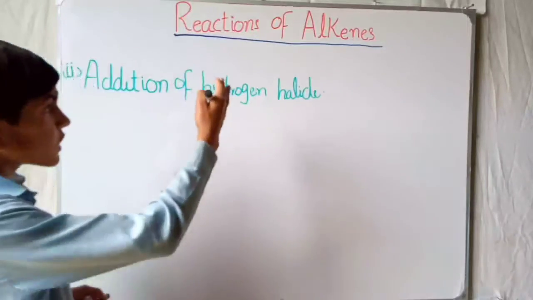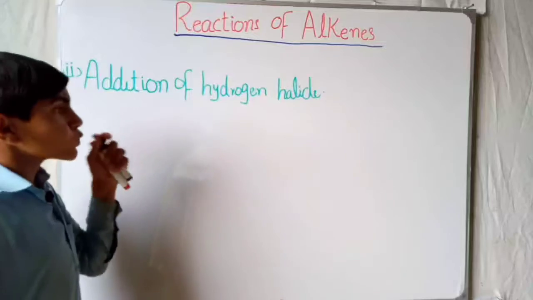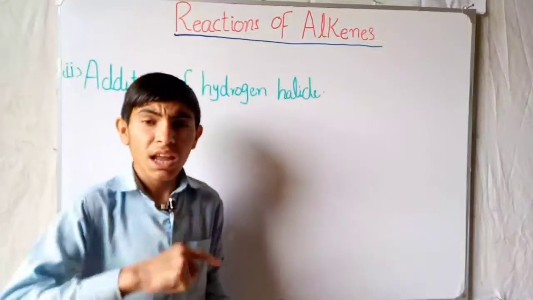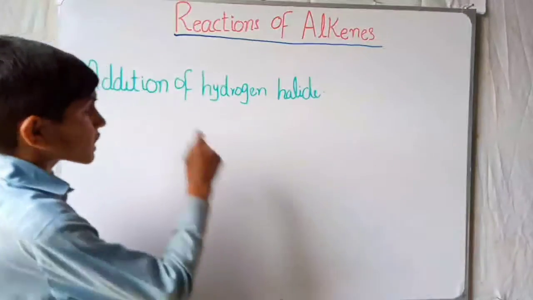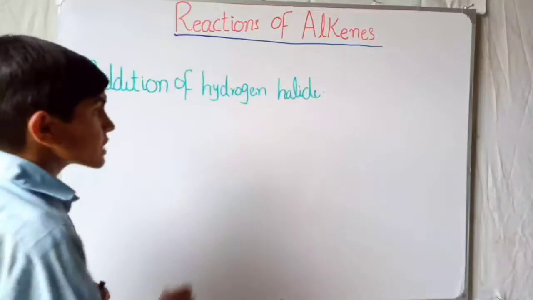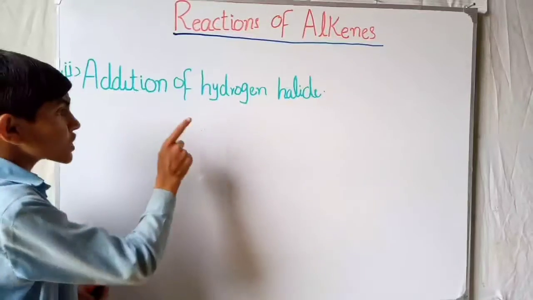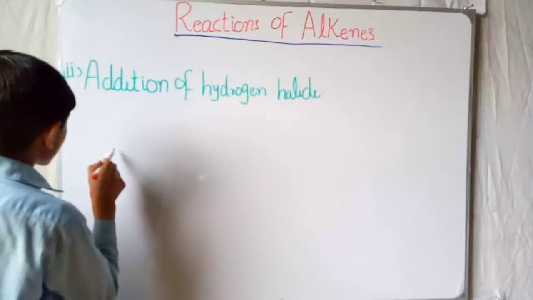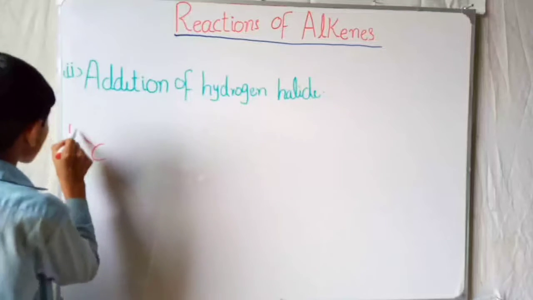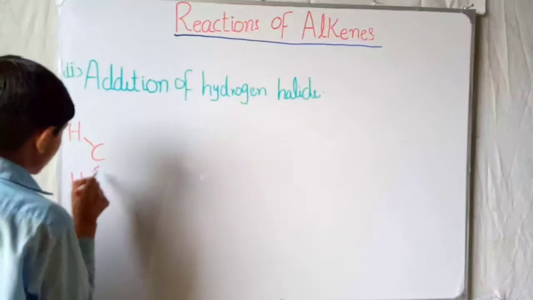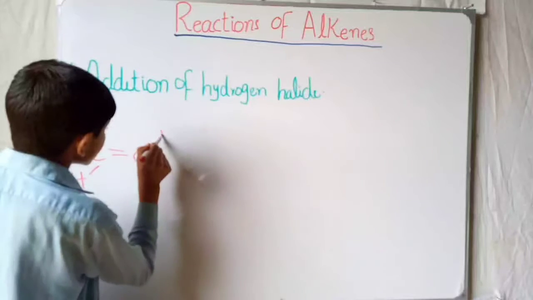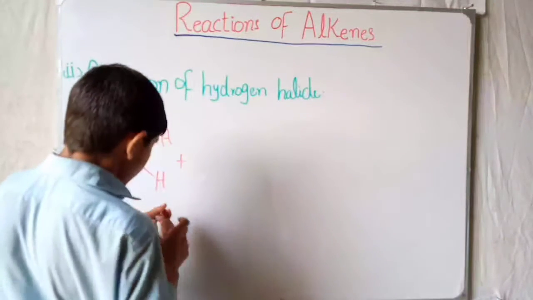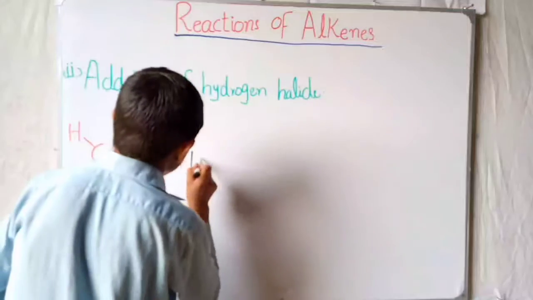The next is the reaction addition of hydrogen halide. It means that when we add hydrogen plus halide gases to the alkene, this reaction is called addition of hydrogen halide. For example, if I take ethene, carbon double bonded to another carbon, with hydrogens, plus HBr.